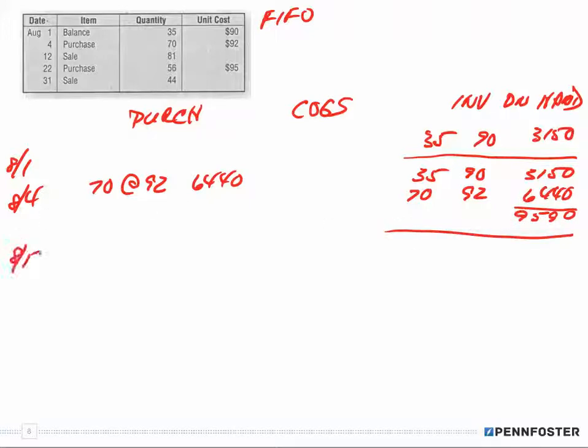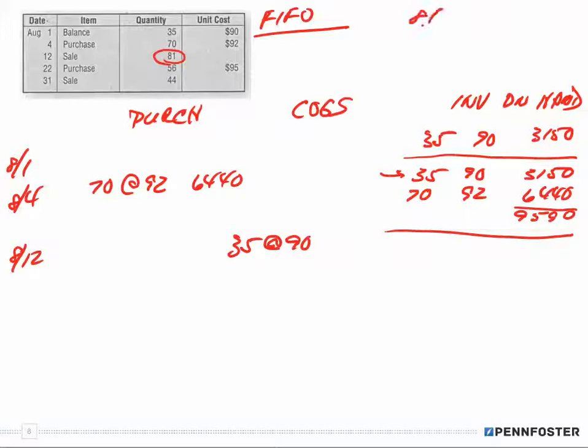On 8/12, we're going to make a sale. We're selling 81 units. Well, if I'm selling 81 units, what 81 units am I taking? If I'm using first in, first out, the first ones in were 35. So I'm going to take out the 35 at 90.